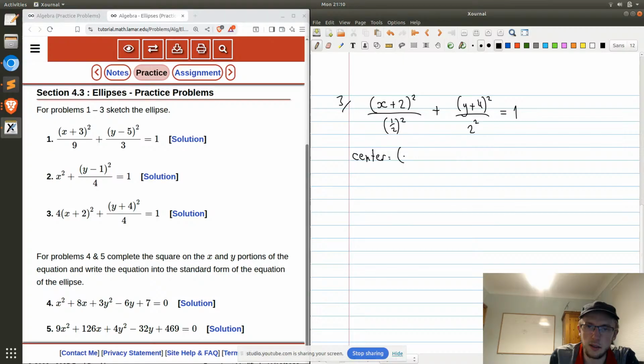Now let's get the center. So I say it's going to be -2, -4. And let's get the right, left. Think it through logically. We'll have the same y coordinates as the center. But what? It's going to be the -2, but plus or minus a half.